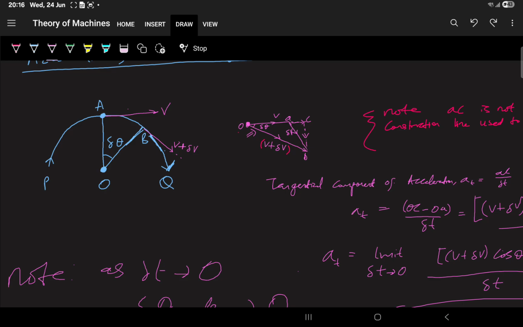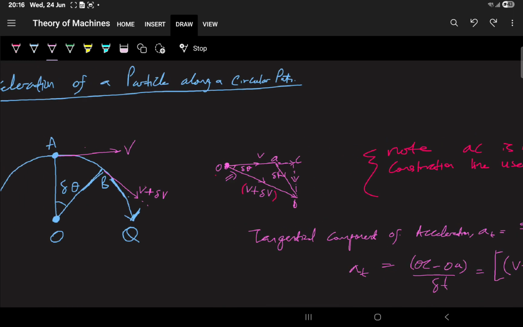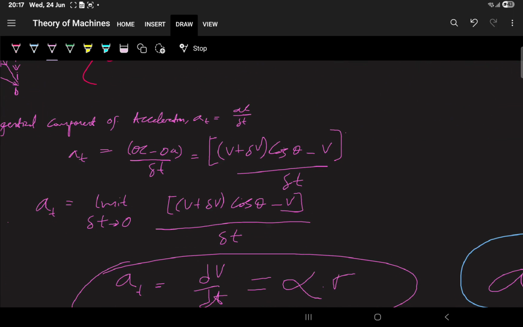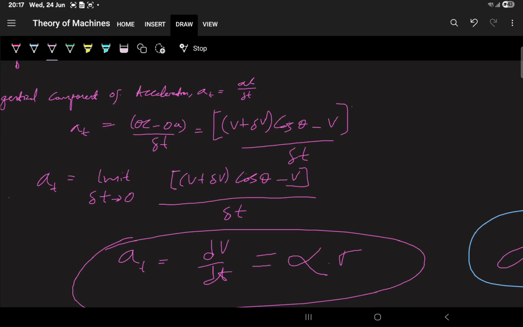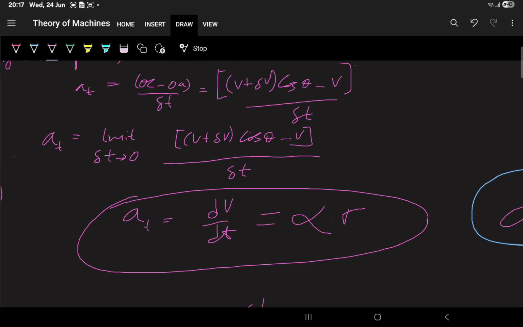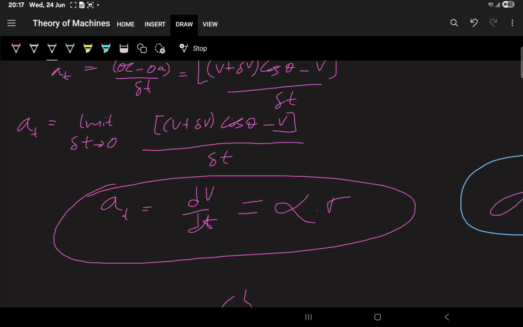Now at point A, right here, we're dealing with an instant, so delta t approaches 0. Let's put it as that, delta t approaches 0. Now taking that limit, again here pre-calc will be very essential.